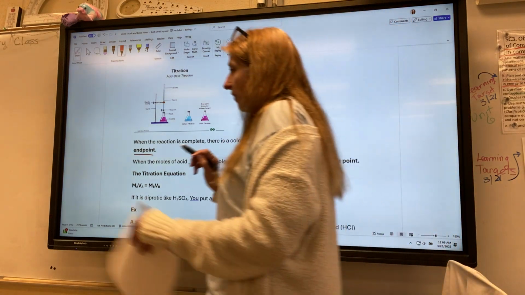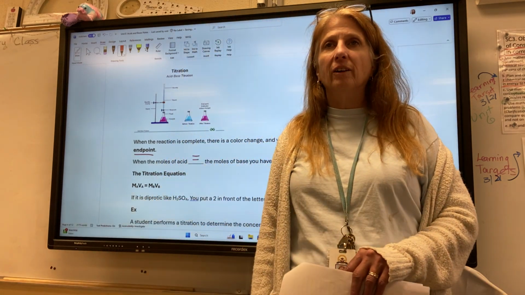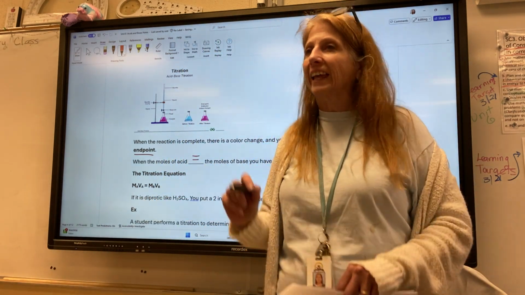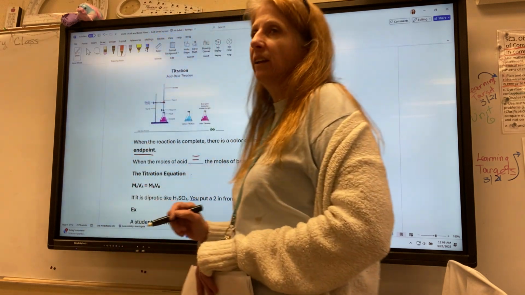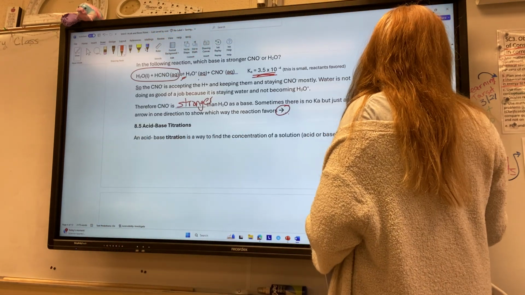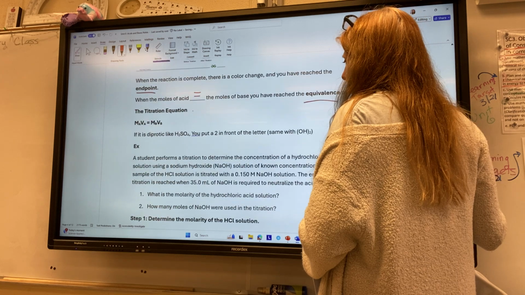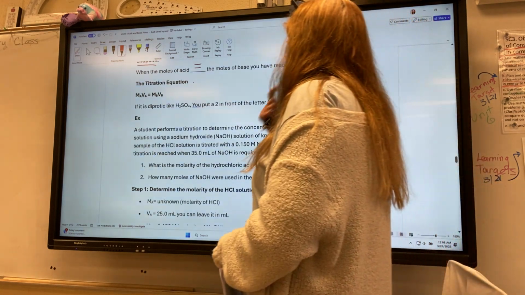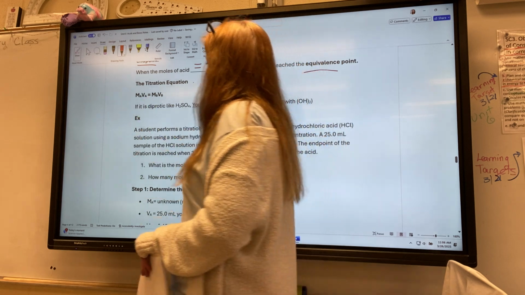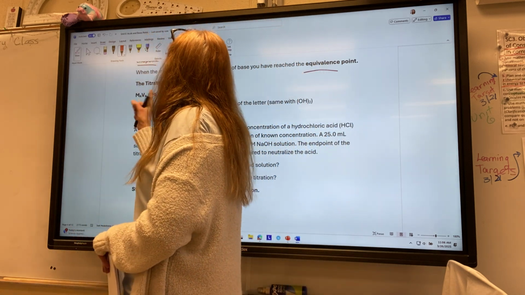Okay, so this is our new thing. All of that was kind of old. So this is our brand new thing. Yay! And it is the titration equation, and it is great because when you go to college and do titrations, it can make your life so much better. Okay, now why? So this is the titration equation.